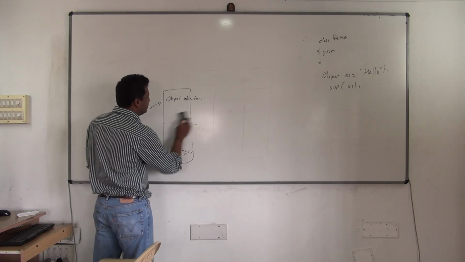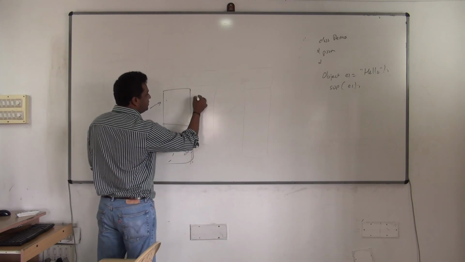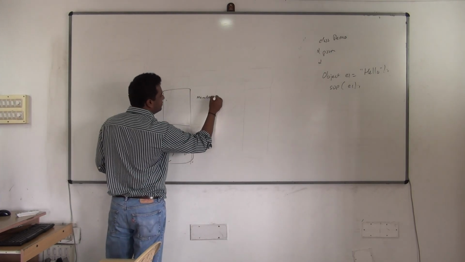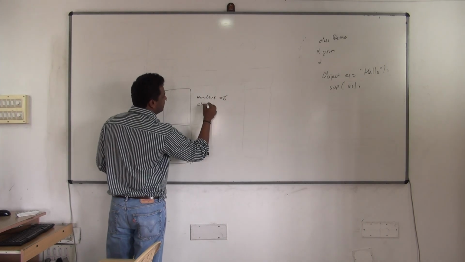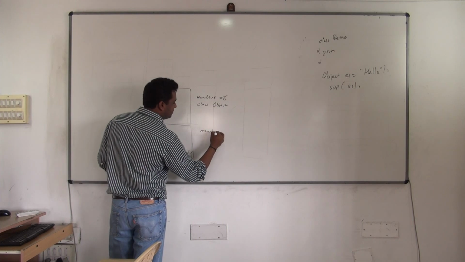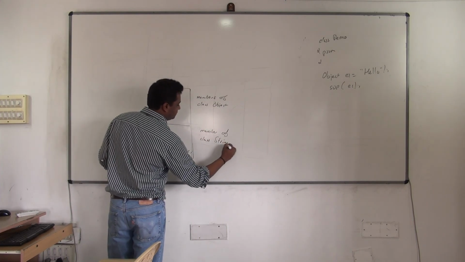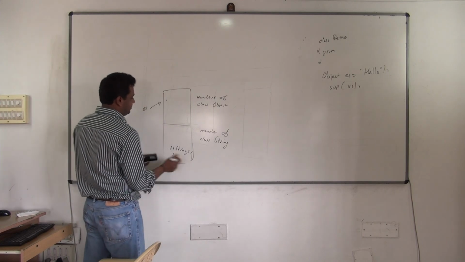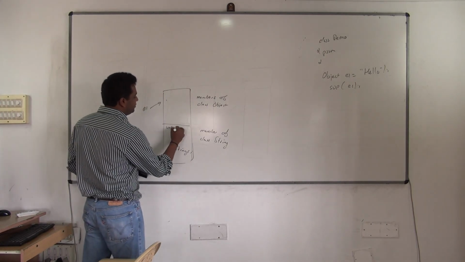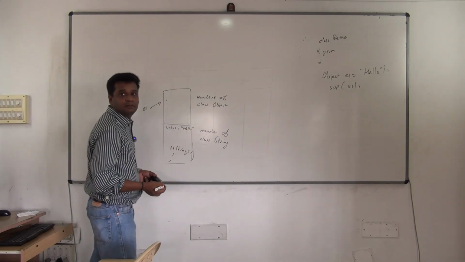Hello has been stored where? See, these are members of class object. These are members of class string. Yeah, toString has been overridden, so your value has been stored here. Value is equal to what you have to return? Hello. But it's in the pool.